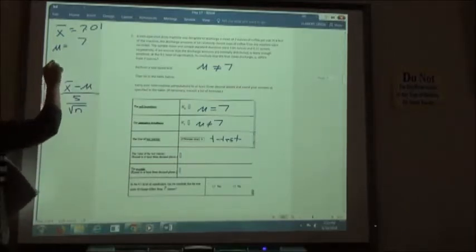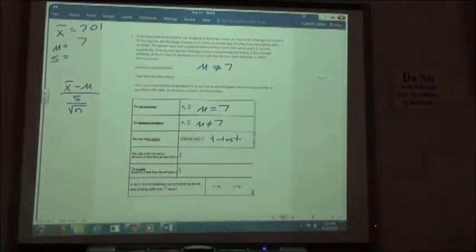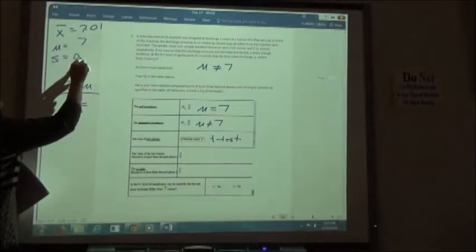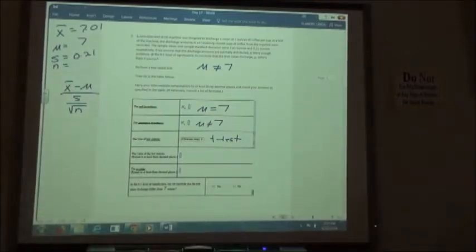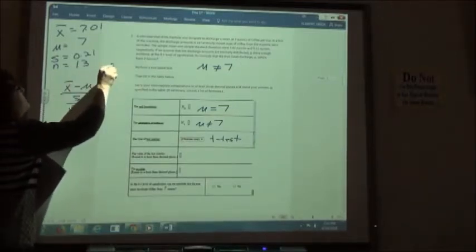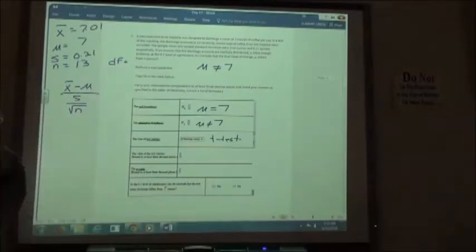The sample standard deviation is 0.21, and n is 13, which means my degree of freedom is going to be 12.